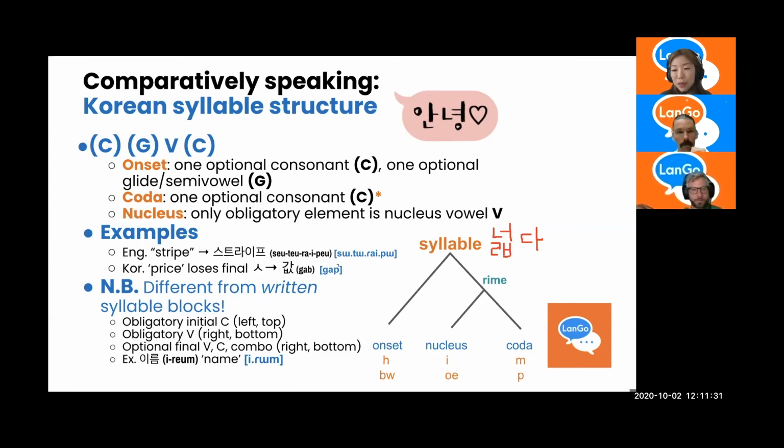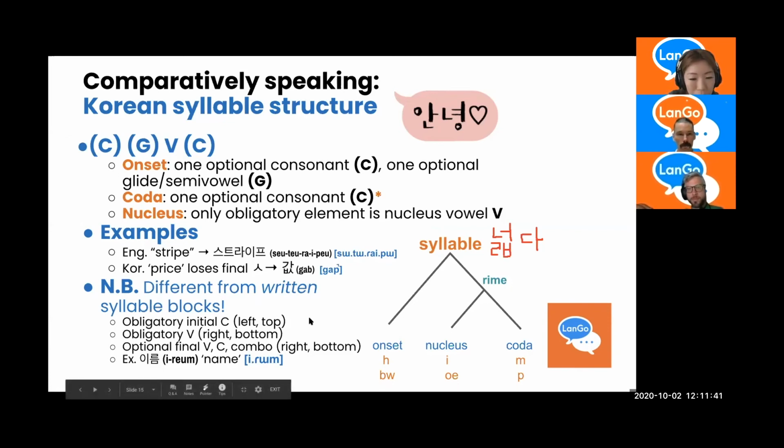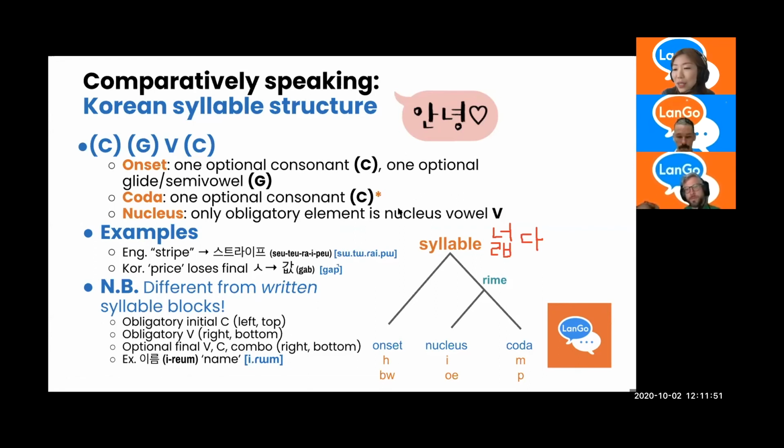So this ieung has two sound values. In the initial part of the syllable block, it's not pronounced. All right. Very useful concept. And for more with Korean, take Korean with us at Lango, please.